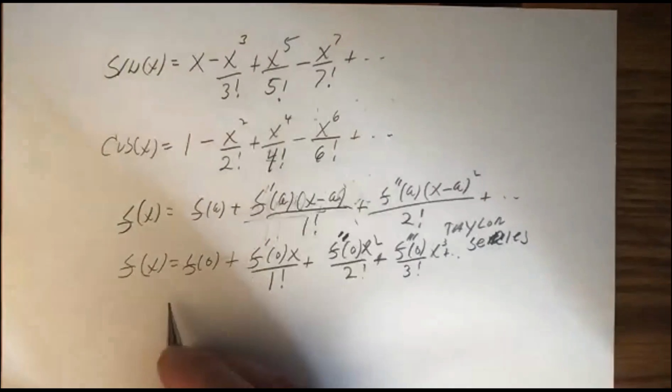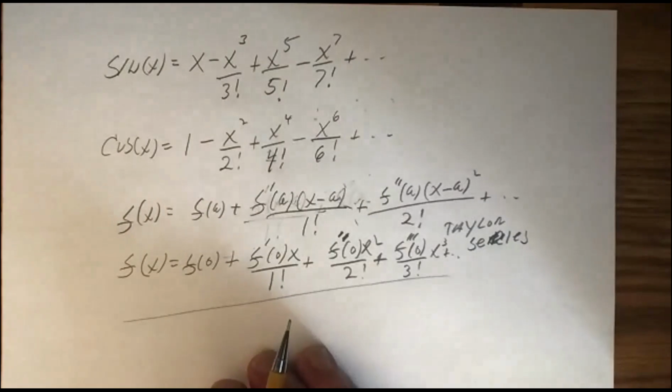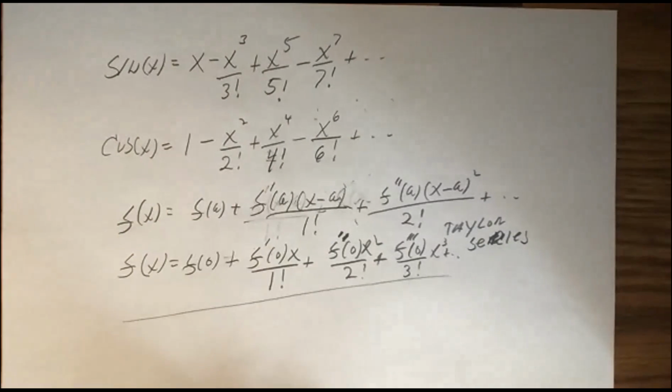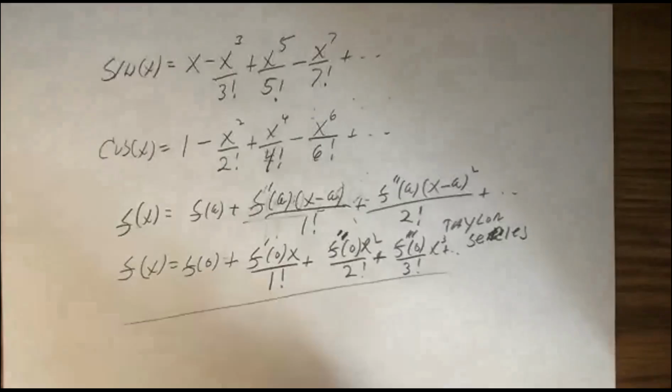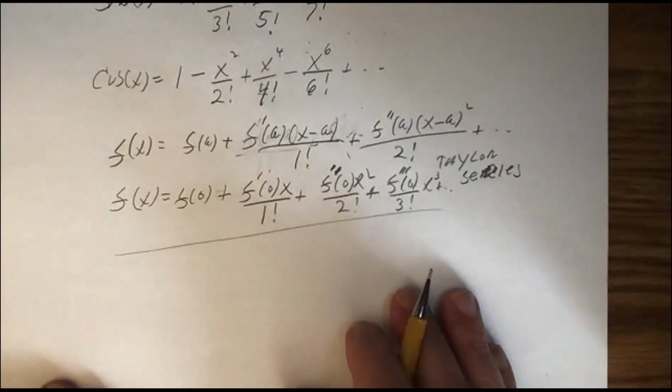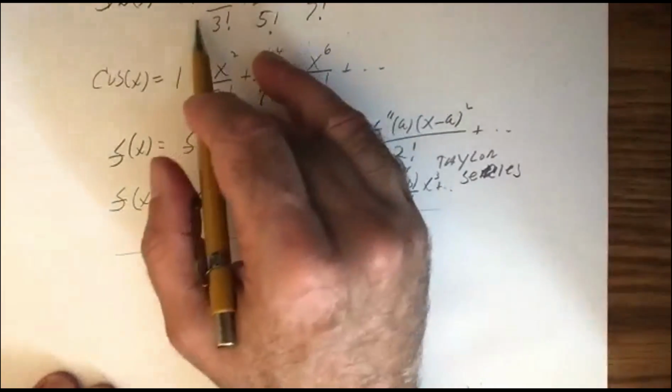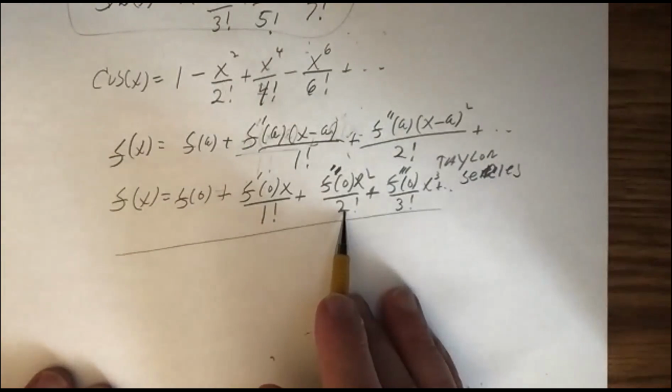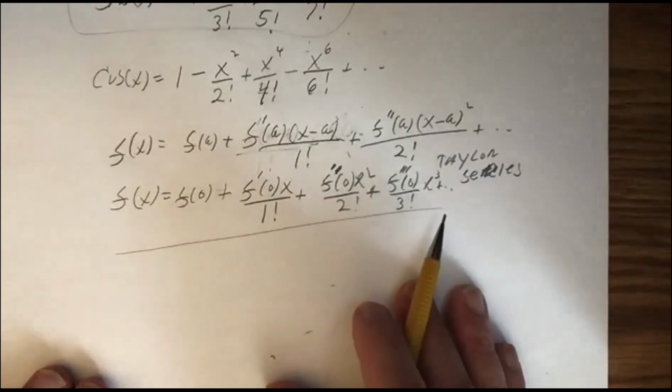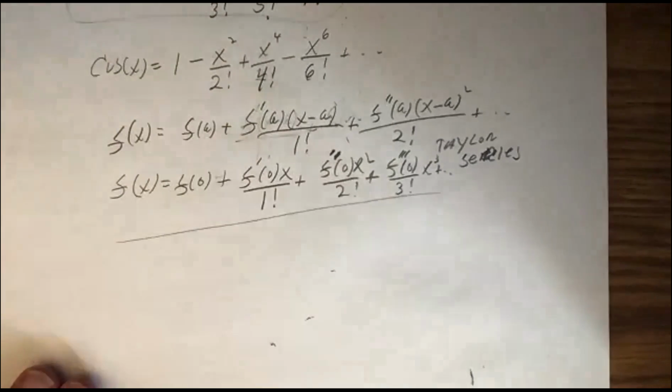This is what we refer to as the Taylor series. I'll go over this again, but I want to show you today how I get this, and then we'll call it a day. Let me start another sheet of paper.